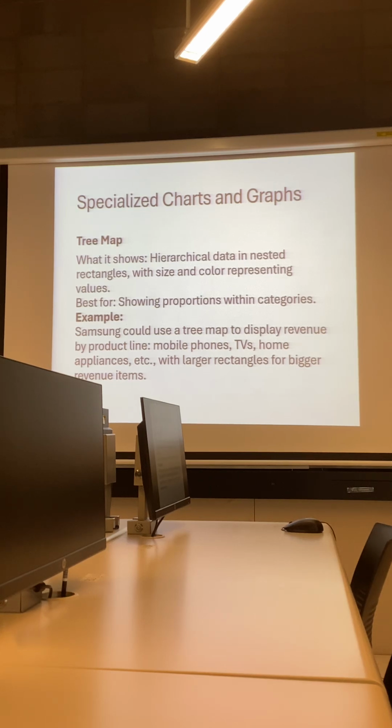The tree map is very suitable for showing proportion within categories, just like a pie diagram, but the pie diagram uses a pie and this uses a tree map. For example, Samsung could use a tree map to display revenue by product line: mobile phones, TVs, home appliances, with larger rectangles for bigger revenue items.